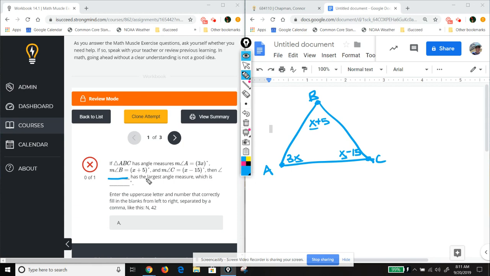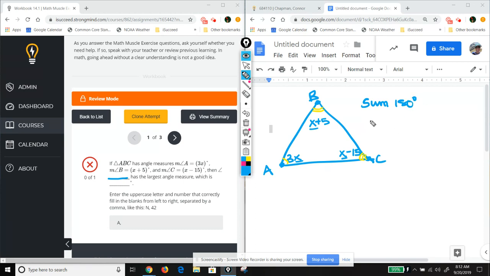And then we have to actually find what that largest angle measure is, which means that we have to solve for x, as I said. The great thing about my diagram here is that I know a little bit of information about all 3 of these angles. And I know from some of my postulates in geometry that all 3 angle measures have to sum to 180 degrees.